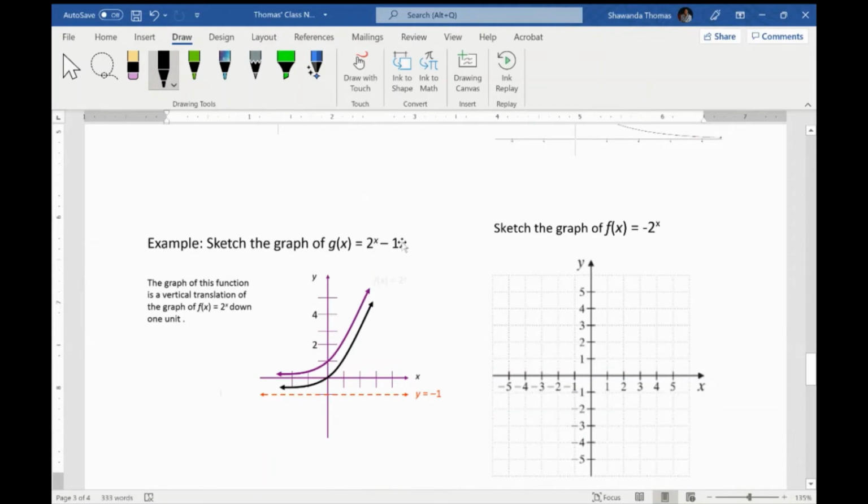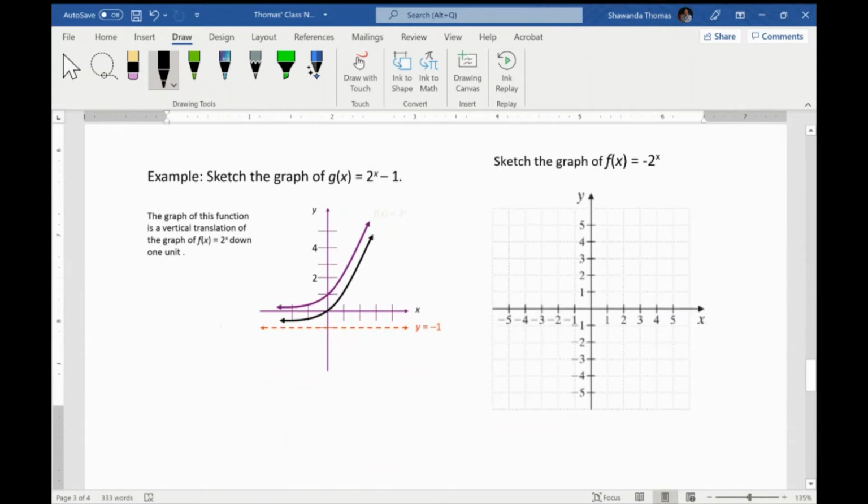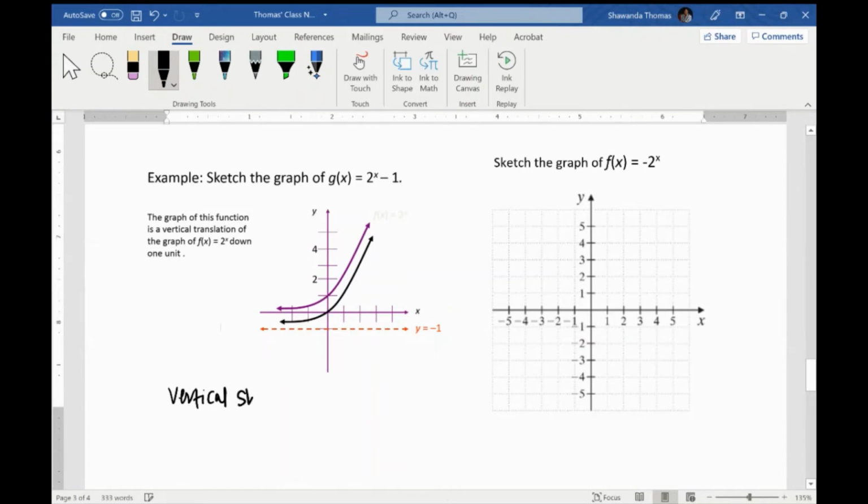A vertical shift down. Very good. How many units? 1. Yep. Shift down 1 unit. Remember, that's called transformations and translations and shifting.